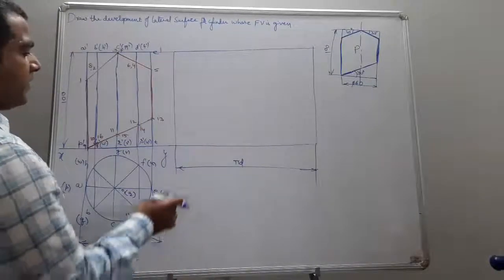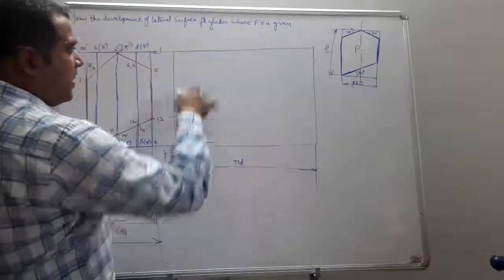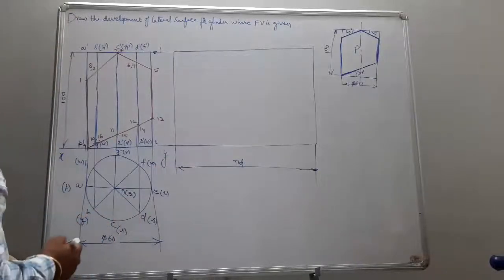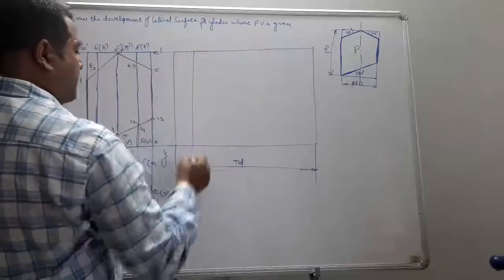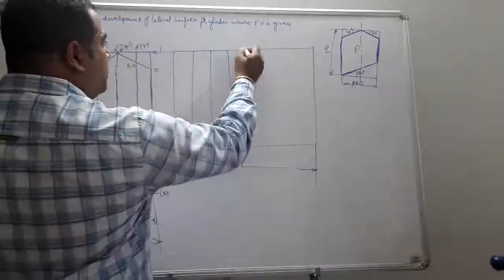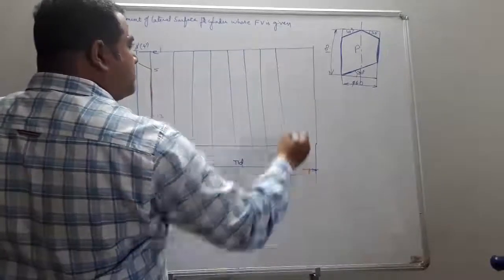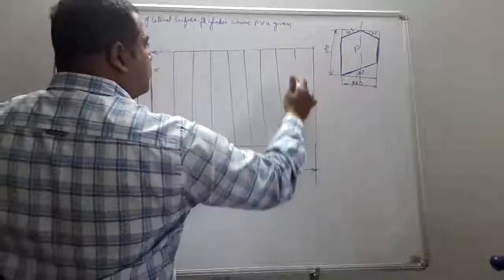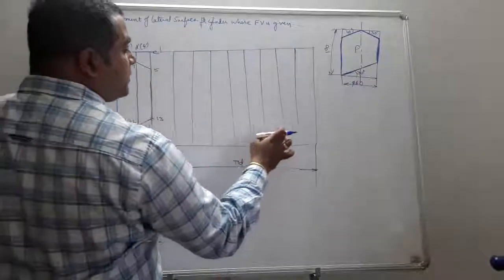So how can we divide it? You just go for the line division method and obtain the points, and you just join them. I just start from 1, 2, 3, 4, 5, 6, 7, 8.